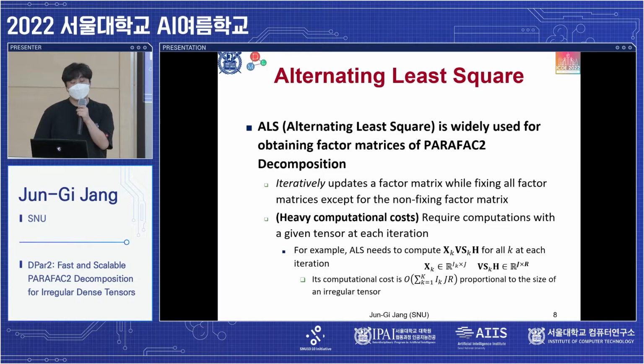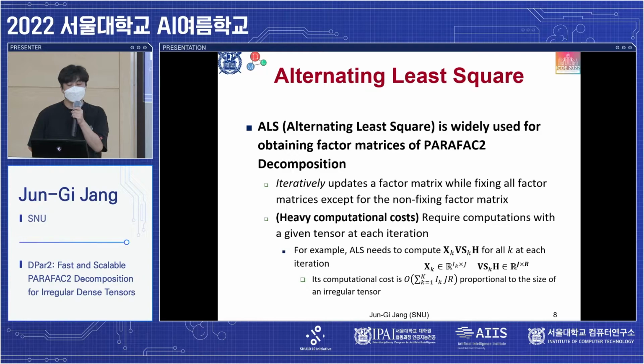Then how can you find the vectors and matrices of PARAFAC2 decomposition? Alternating least squares is widely used for obtaining them. It iteratively updates a matrix while fixing all other matrices.